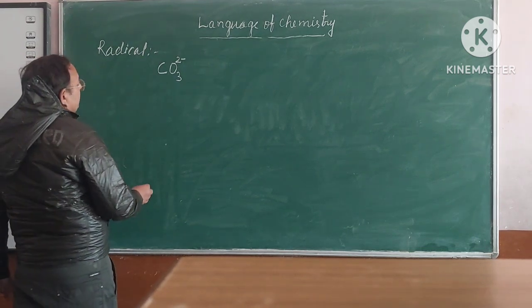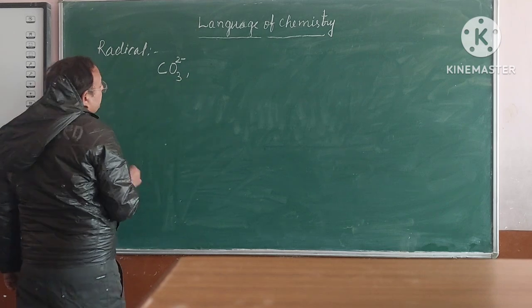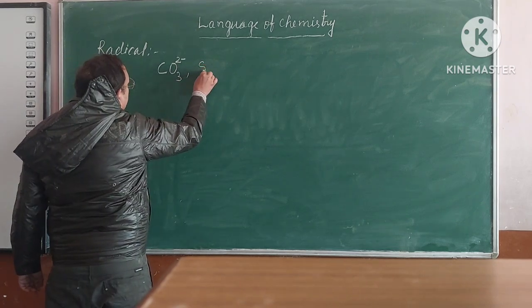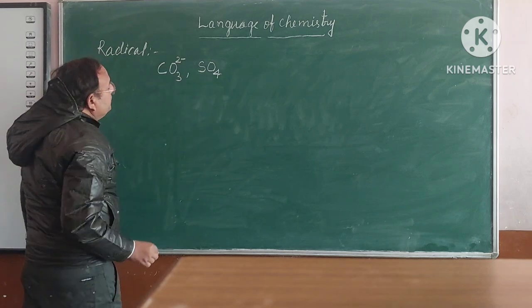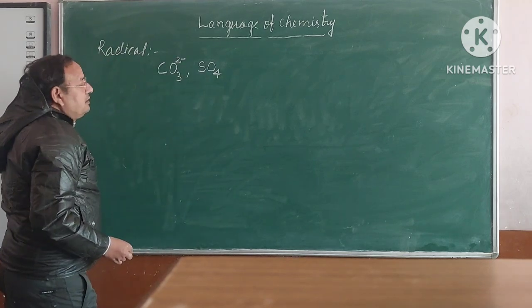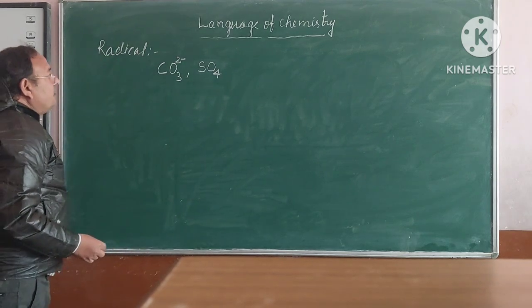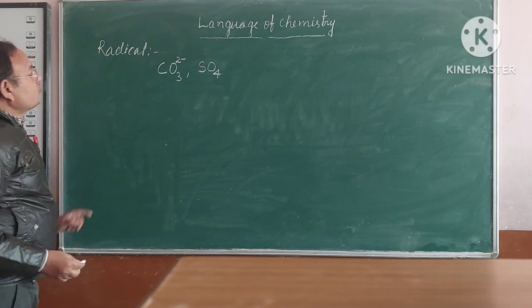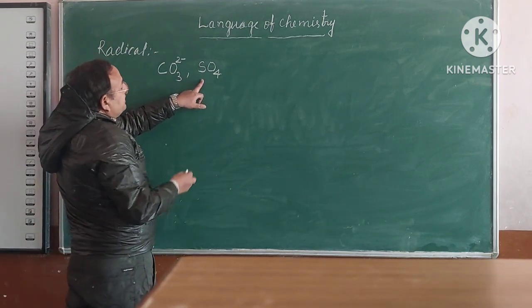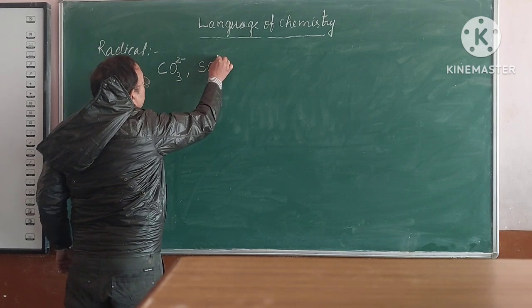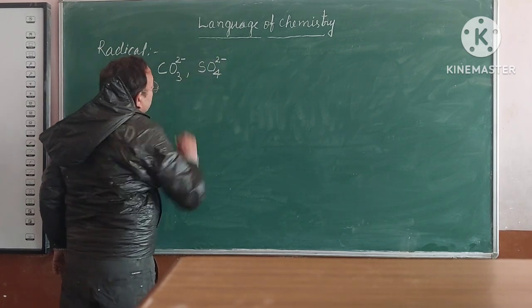Another example of a radical is sulfate, SO4. SO4 has a charge of -2 units, and it is written like this, -2 units.